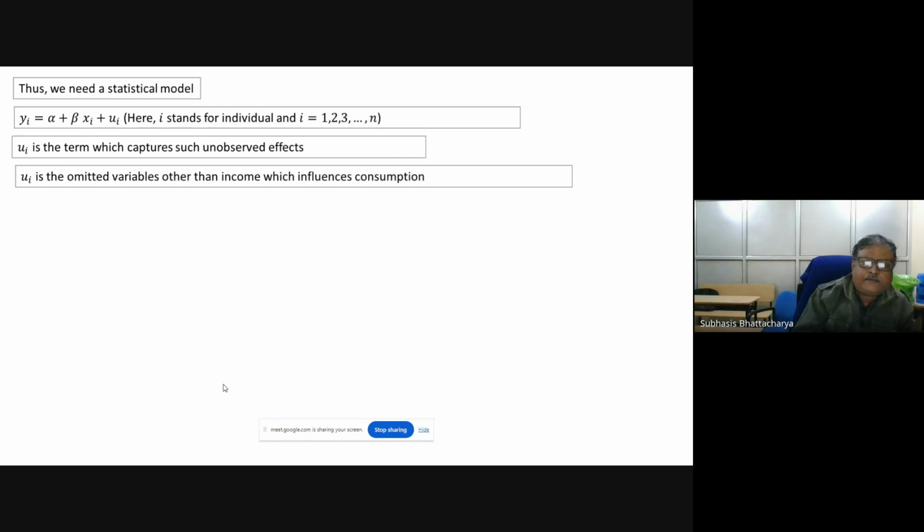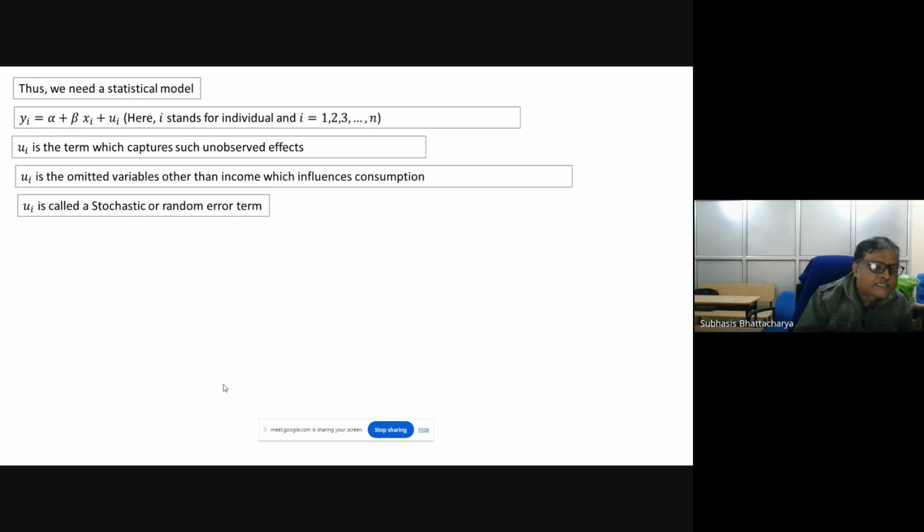So UI may be termed as omitted variables, except income, which are influencing consumption, and it is considered as a stochastic or random error term.